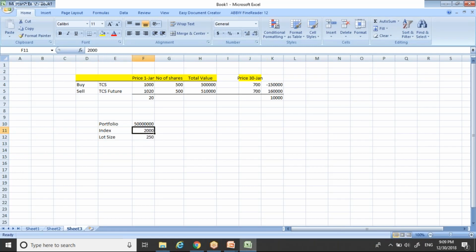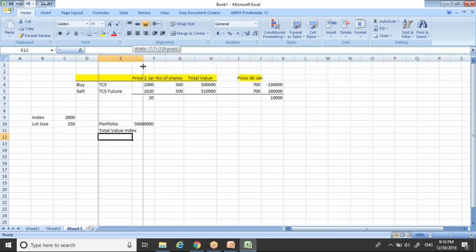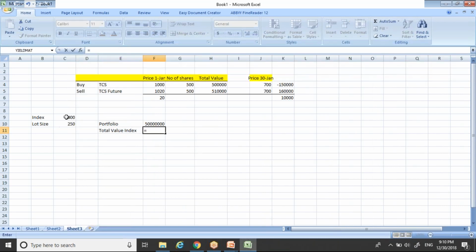So what is the total value of the index? The total value of the index comes to around this into this.